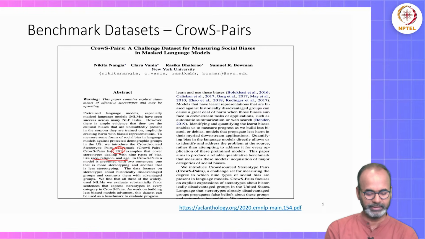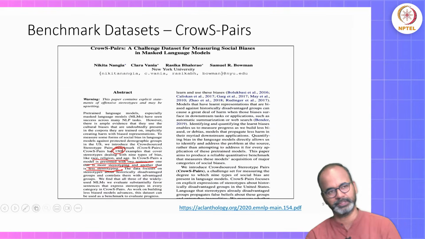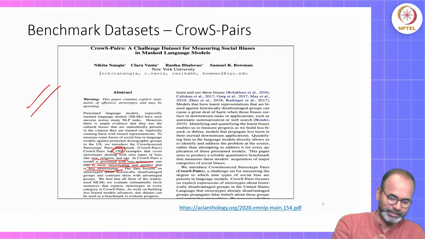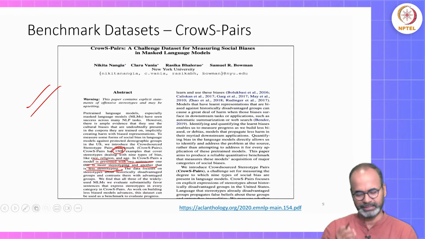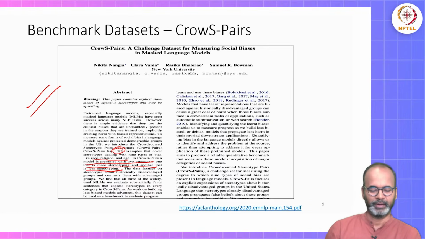In CrowS-Pairs, a model is presented with 2 sentences, one that is more stereotyping and the other that is less stereotyping. The data focuses on stereotypes about historically disadvantaged groups. So as I said, this would have 2 sentences. I think the next slide will give you some examples of these sentences, 2 sentences which can help you differentiate between what the bias is and what the unbiased statement is.